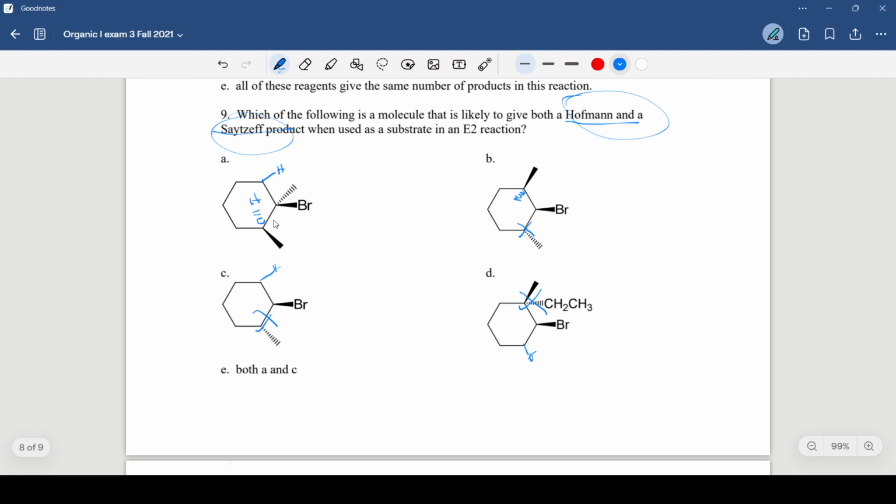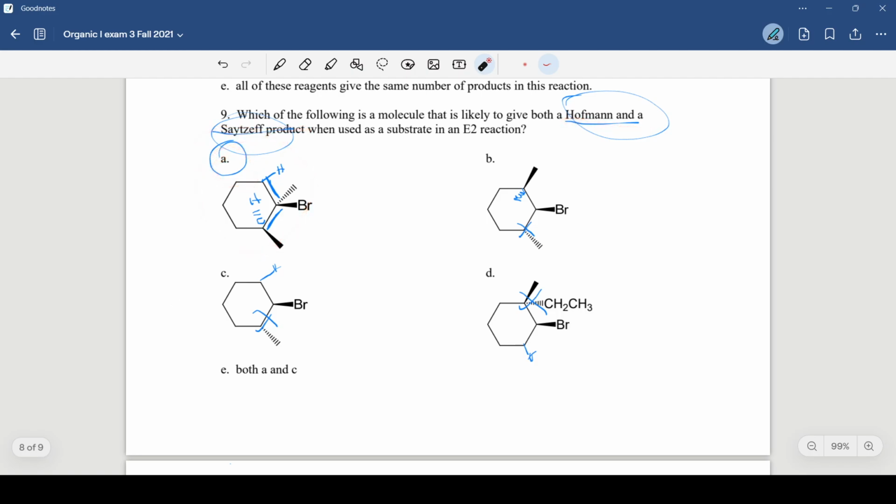So one of the options would be to put it here, and the other one would be here, right? This is the only one with options at all. So that's the answer, because the other 2, you can only make 1 E2 product, right? Because I already said that you can't use here because it's not trans, and can't use here because it's not trans, and can't use here because there's no hydrogen. So this is the only one where you can get 2 products, and if you want a Hofmann product, this is the one you have to use.